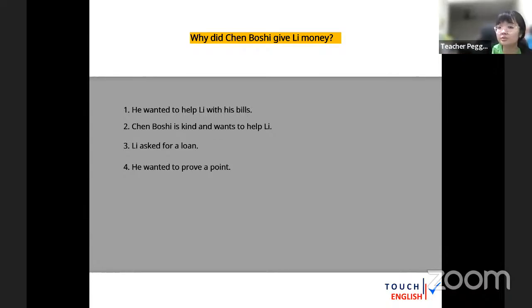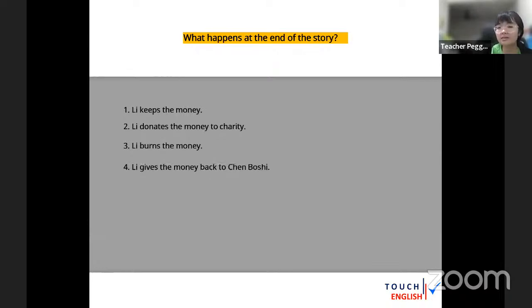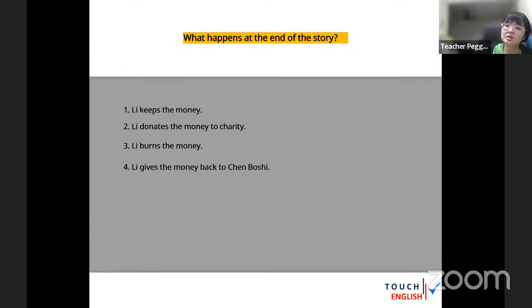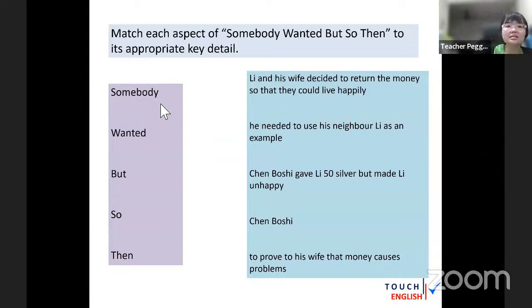Yes, he wanted to prove to his wife that money brings problems. What happens at the end of the story? 1, 2, 3, 4. Which one? Number 4. Yes, Lee gives the money back to Chamboshi.